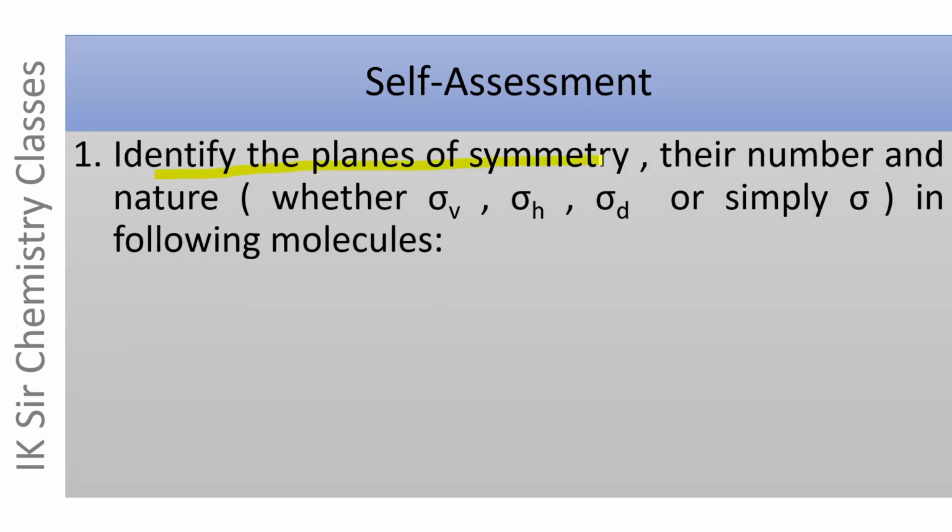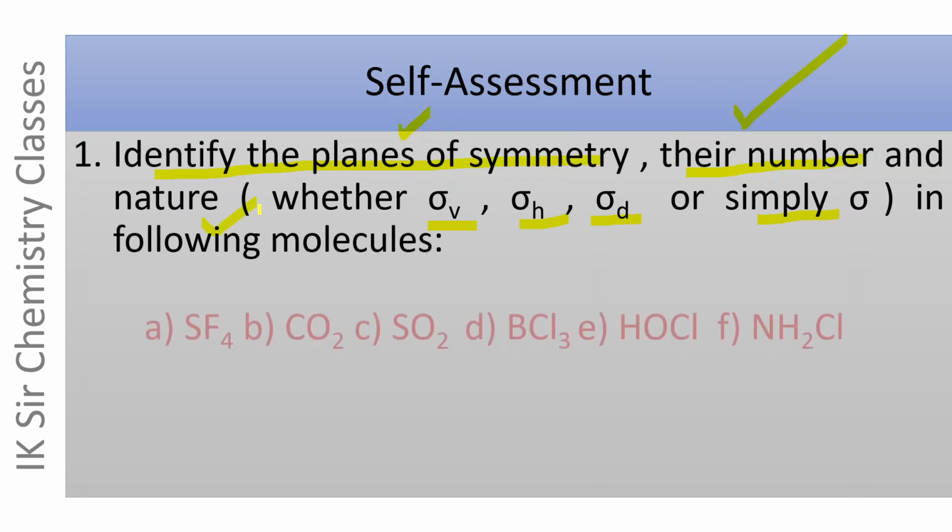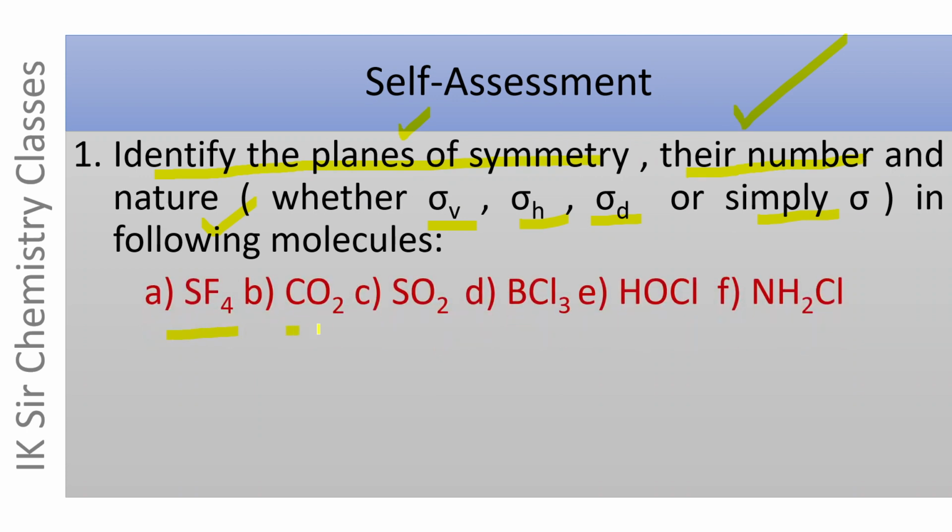Identify the planes of symmetry, their number, 1 to 3, and nature, whether sigma v, sigma h, sigma d, or simply sigma, in the following molecules: SF4, CO2, SO2, BCl3, HOCl, and NH2Cl. HOCl is hypochlorous acid, and NH2Cl is nothing but chloramine.